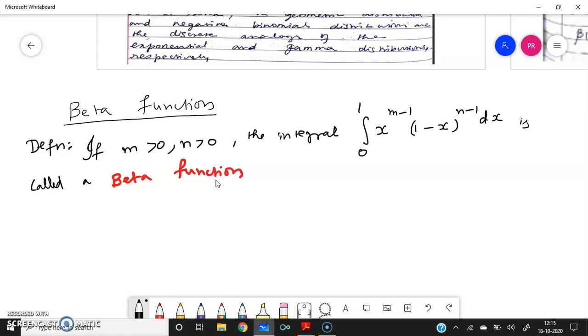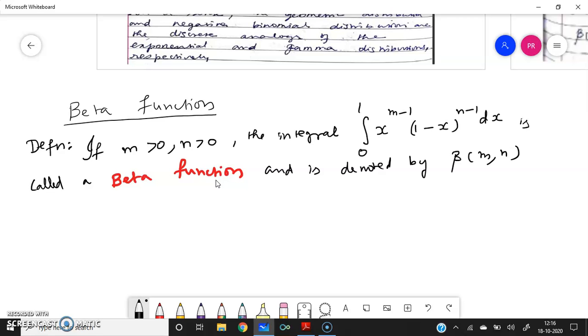It has an easy symbol for denoting it: it is denoted by beta of m comma n, for m positive and n positive.